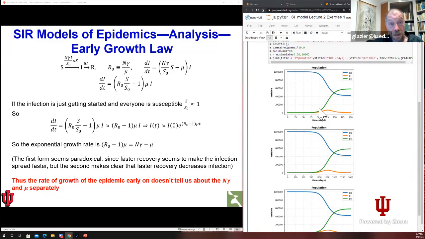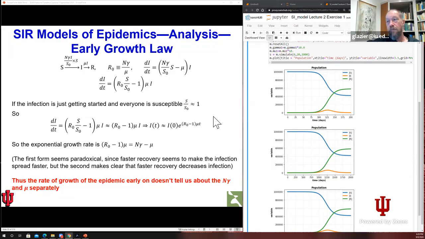People want to know as soon as possible how many people are going to get sick, and that early infection number does not tell you that. So there were all sorts of nutty estimates of how many people are going to get sick based on this early data, which doesn't give you the information to determine it. That's actually a pretty important result for a little bit of simple mathematics.